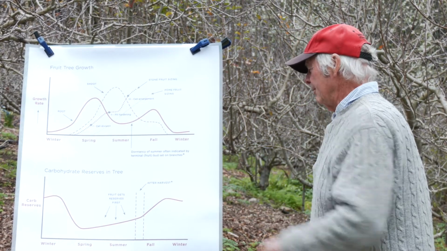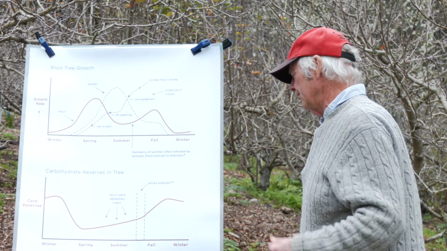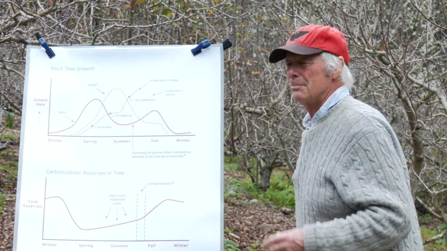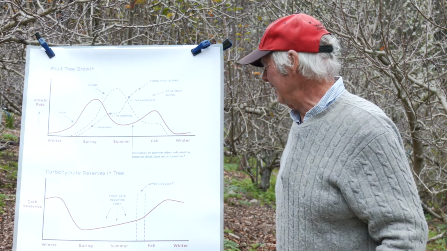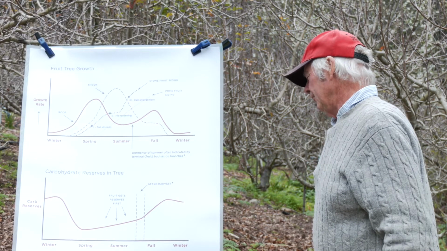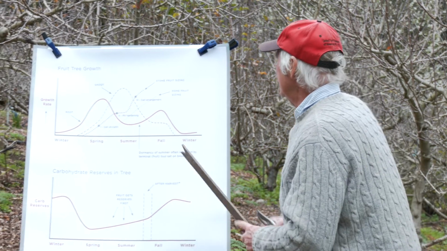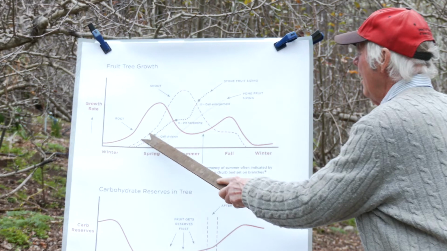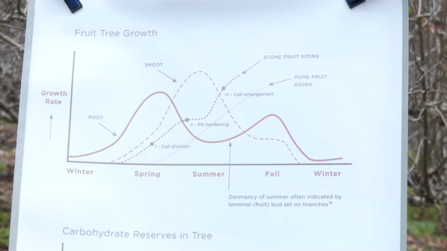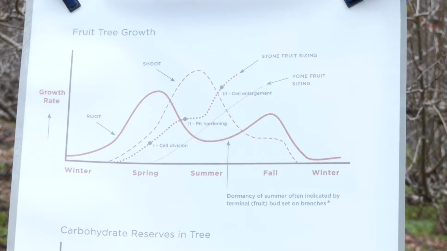And then, as stated previously, roots are growing actively here, shoots are growing, and shoots make almost their yearly growth in a very short compressed period, maybe 8, 10, 12 weeks, spring into midsummer. Flowering, fruit set, and fruit development happens as you see here, on the heels of root growth, but in spring into early summer.